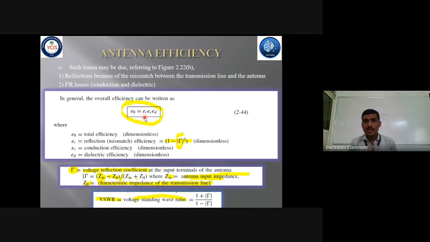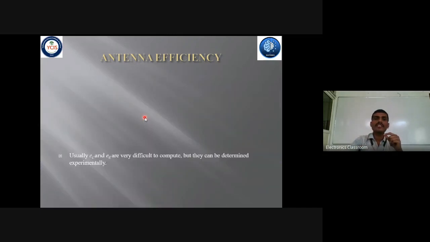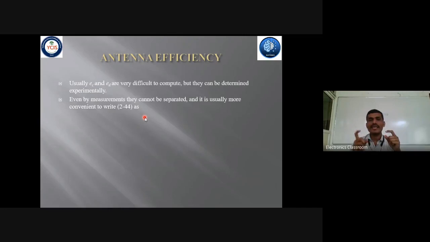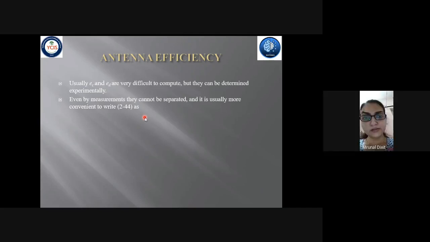Now conduction efficiency and dielectric efficiency. I am saying that calculating conduction efficiency and dielectric efficiency in the laboratory by using different experiments is very difficult. Understand again? Yes sir.